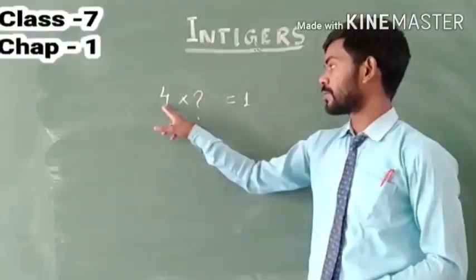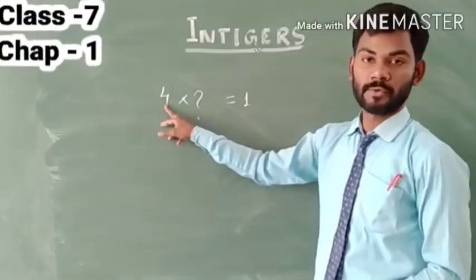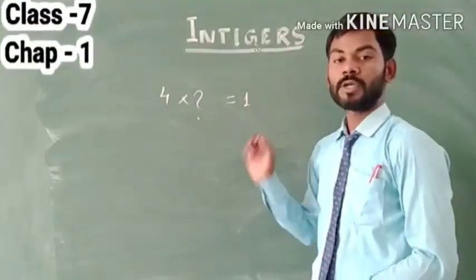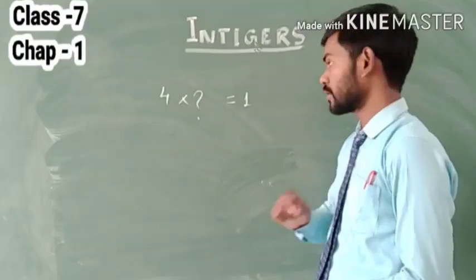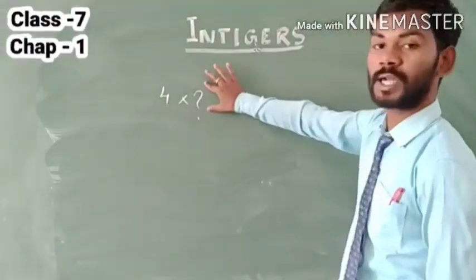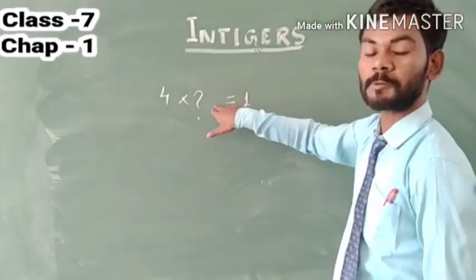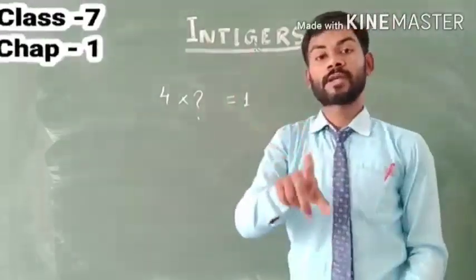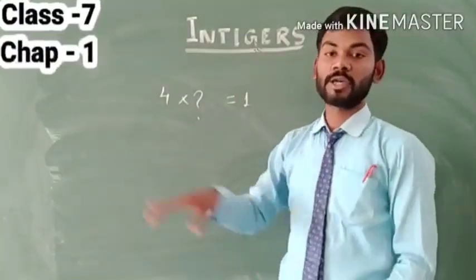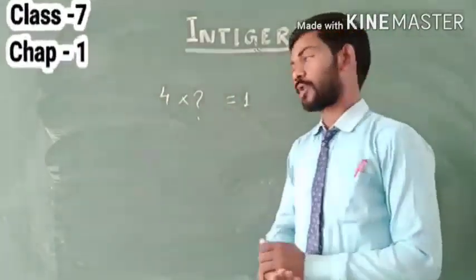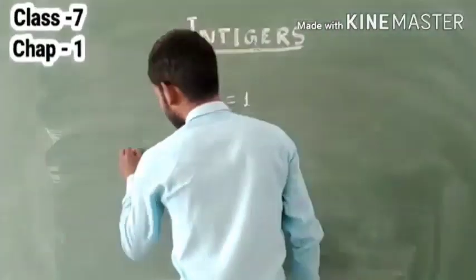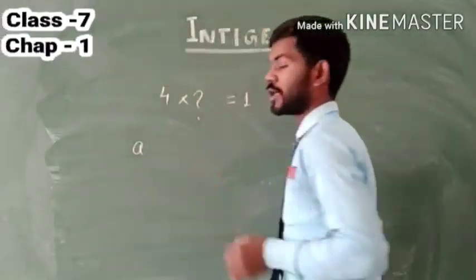Which number should we multiply by the number 4 to get 1? The unknown number that we substitute in the place of the question mark will be the multiplicative inverse of 4.